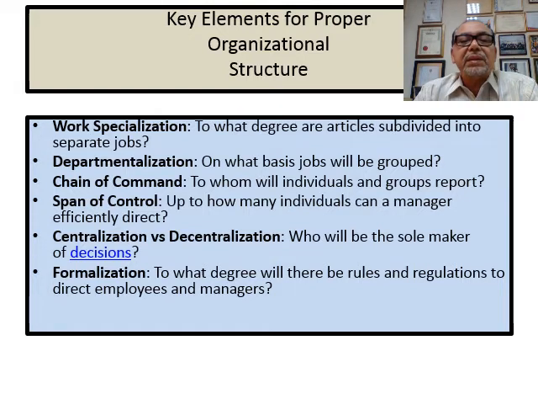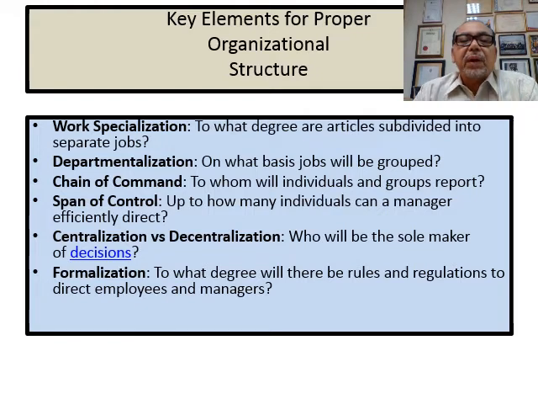And then you can see the chain of command: to whom individuals and groups report. There is the hierarchy we mentioned earlier on. Hierarchy means from bottom up or top down, the reporting or the instruction will go. Span of control: how many individuals can a manager efficiently and effectively direct.